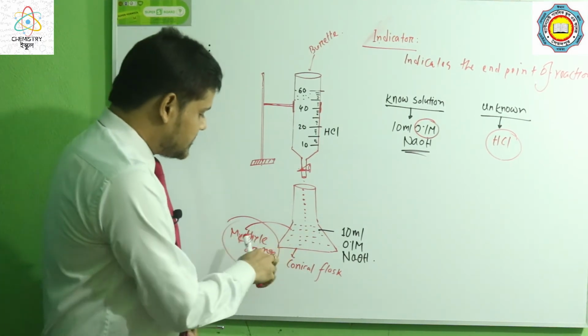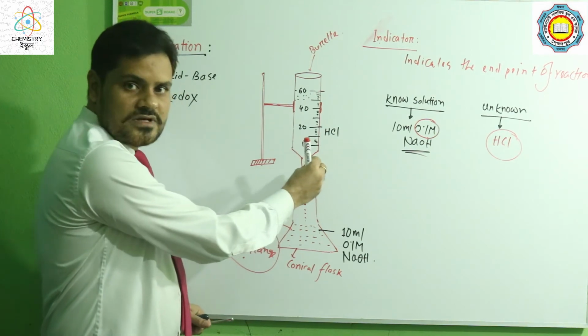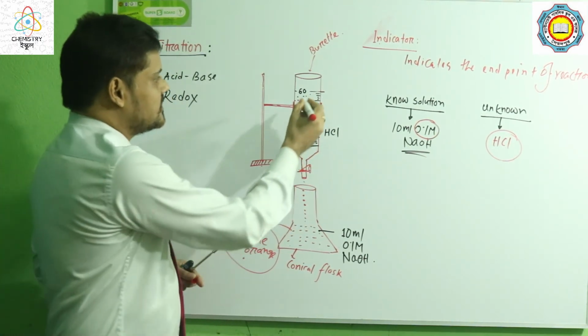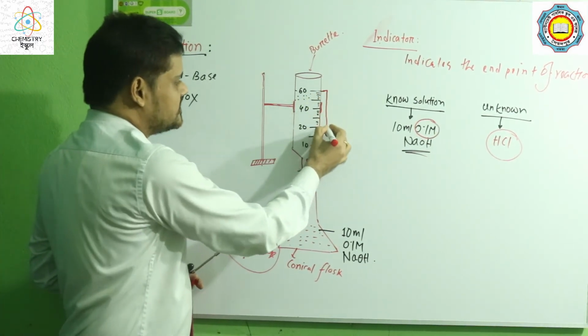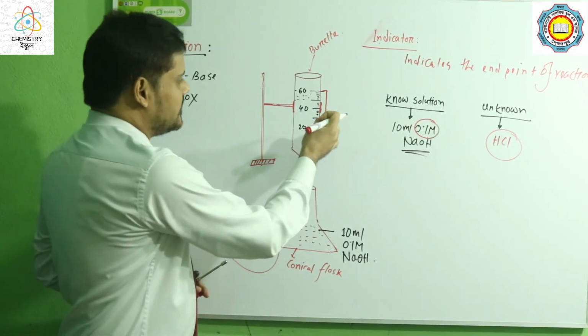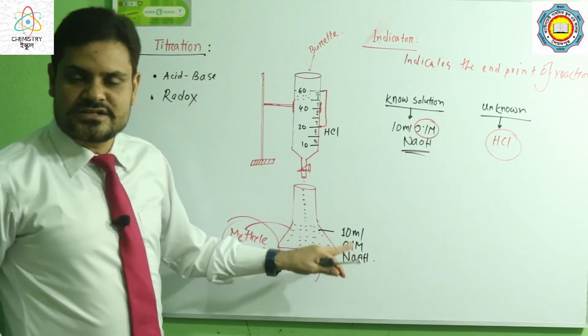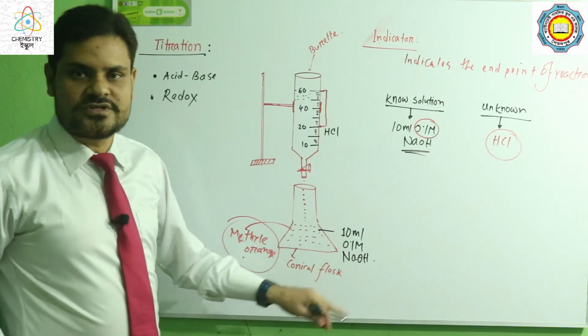When we get the color of this reaction, then we stop the screw here. Then we find out how much volume of HCl is needed to neutralize the 10 milliliters of sodium hydroxide solution.